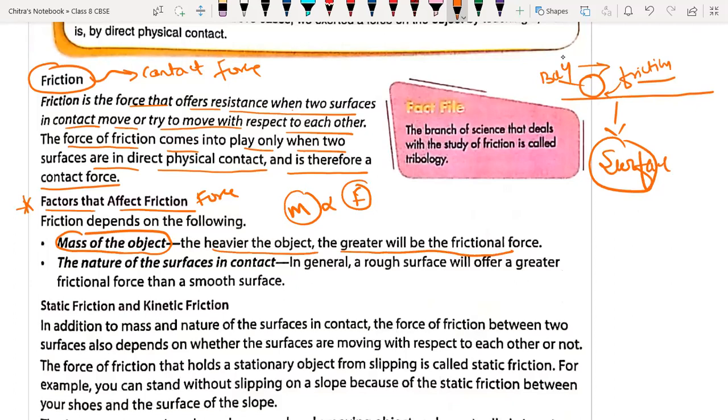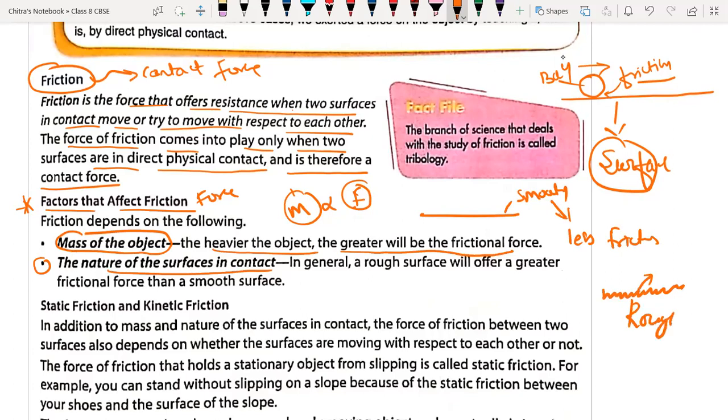Second, the nature of the surface of contact. If there is a smooth surface, then friction will be less. That's why on a smooth surface people used to slip. But if the surface is very rough, then friction will be more.